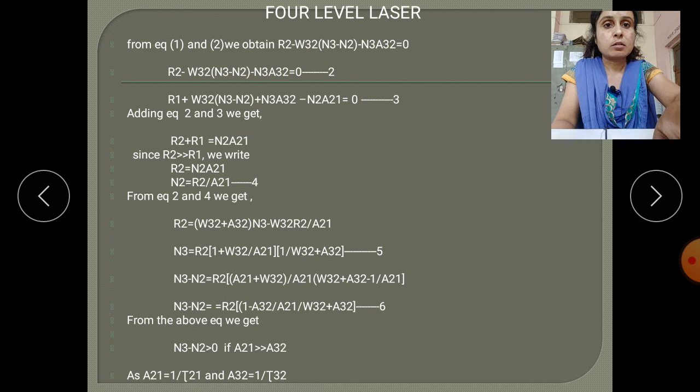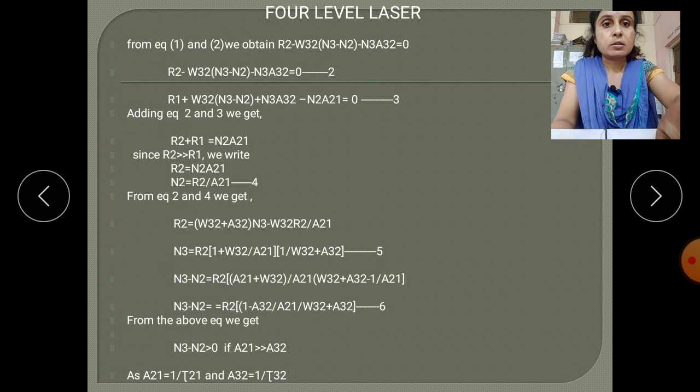Since we define R2 greater than or equal to R1, we can prove that R2 is equal to N2 A21, and N2 is equal to R2 by A21. So these two expressions are defined in the same manner.